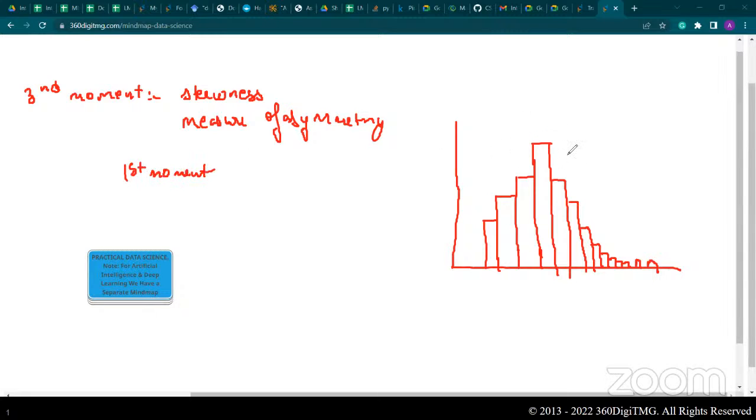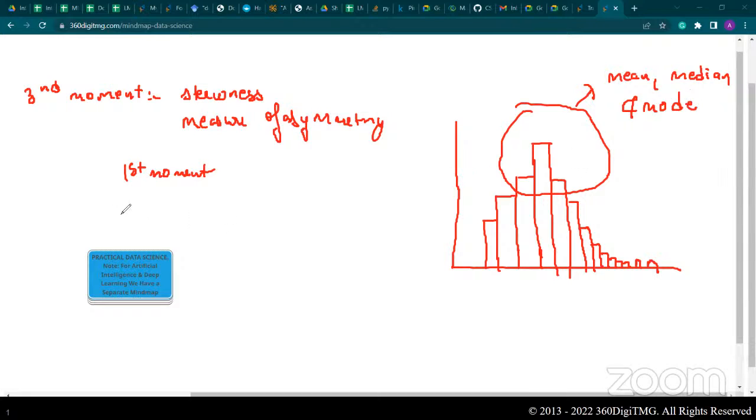This will give us how central our data is. Around this portion, most likely will be our mean, median, and mode. Then we can calculate the second moment. Using all these data points, we can calculate the variance, the standard deviation, and using this point and this point, we can calculate the range. So this is our second business moment decision done.